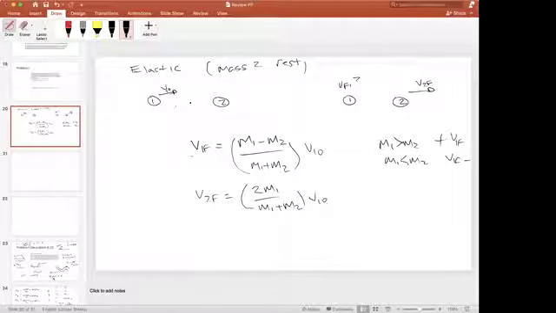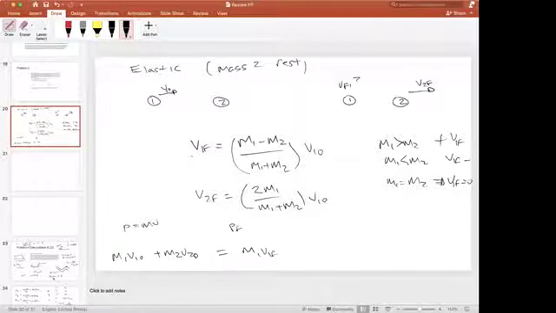And if they're the same, if M1 equals M2, then V1 final is 0. They hit, and all the momentum moves from one to the other. Now, how we're actually doing that is we're saying the initial momentum, P, which is mv, so m1 v1 initial plus m2 v2 initial, is equal to P final, which is m1 v1 final plus m2 v2 final.